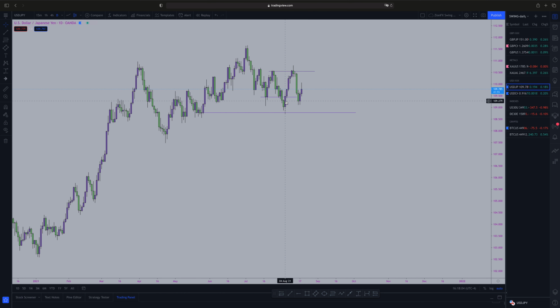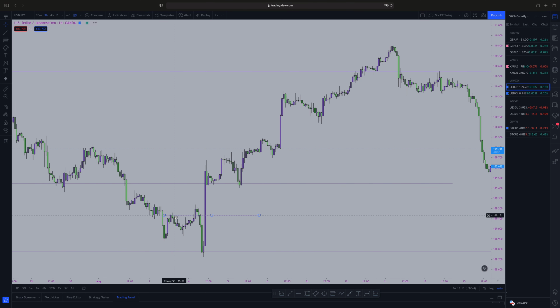If the 1 hour is on an uptrend, that means you should have daily bullish candles. So when this 1 hour broke structure and made its higher high and higher low, right here, and shot straight up, what should you see on the daily time frame?